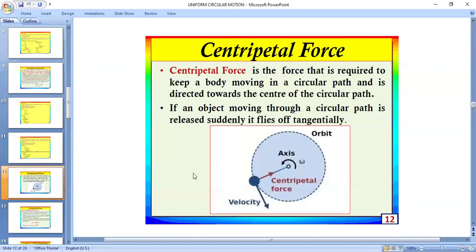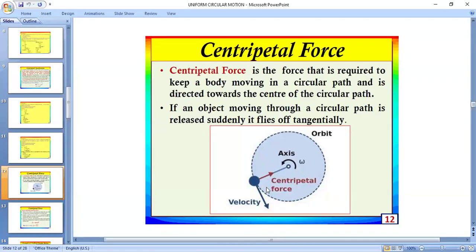So on the screen here, we have a body describing a circular orbit. We can see the centripetal force pointing towards the center. So this is the force required to keep a body moving in a circular path and is directed towards the center of the path.